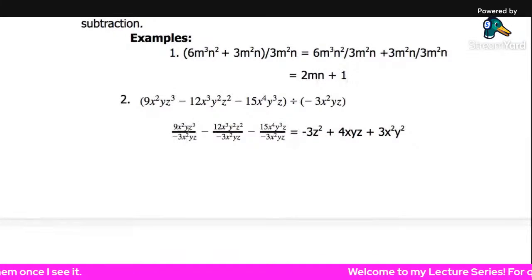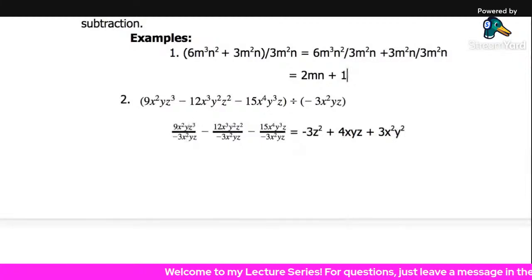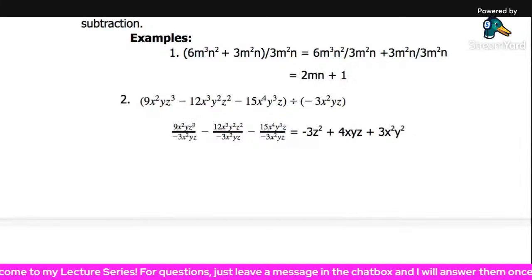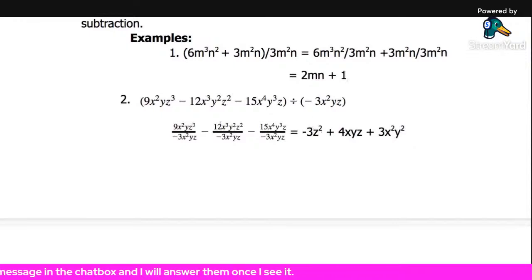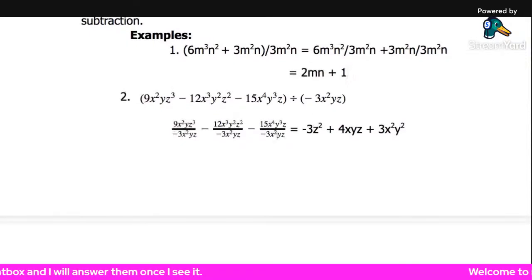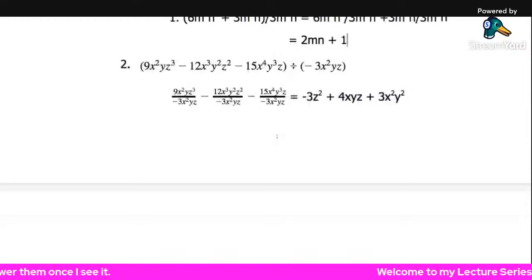What's left here is z^2 over z. So this is z^3, pala. So z to the 3 minus 1 will give us z^2. That's the same process with the second and the third term.